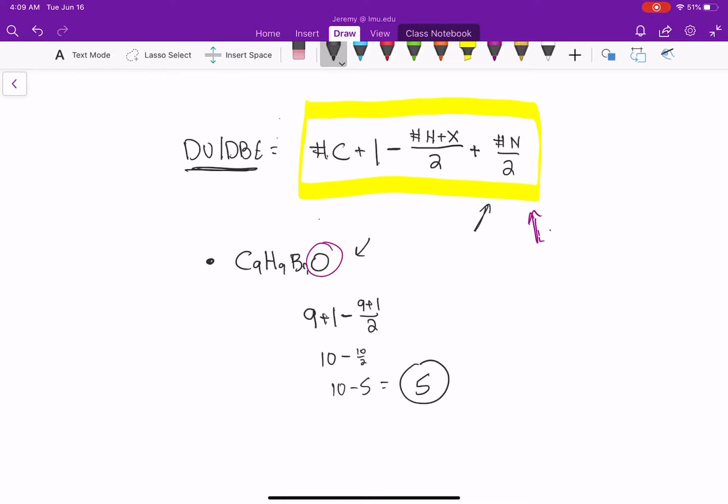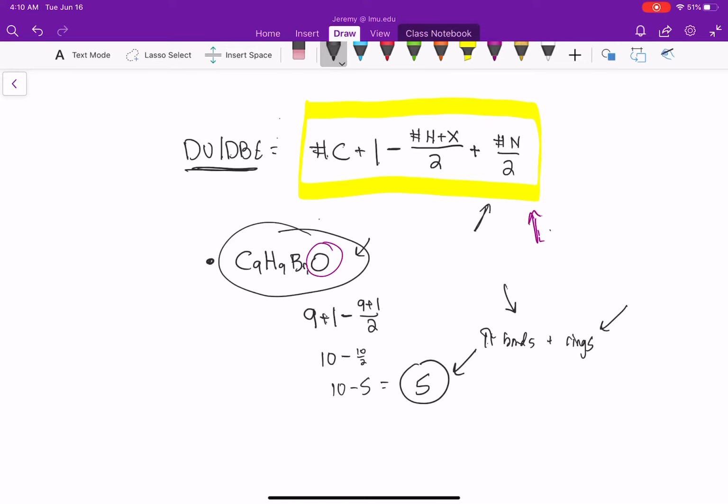So this structure of C9H9Br has to have some combination of 5 pi bonds plus rings. We don't know how many of each, but this information can really help us figure out structures.